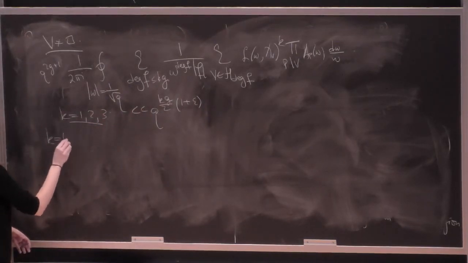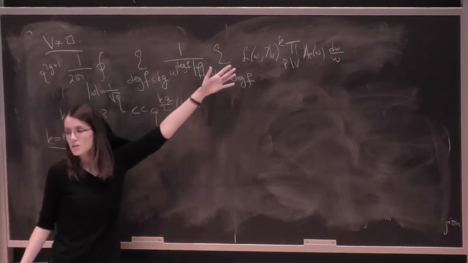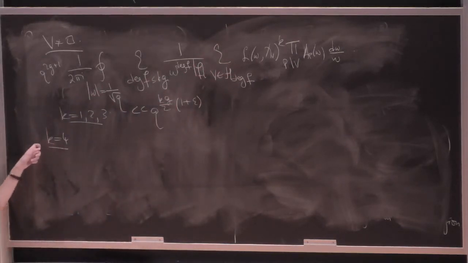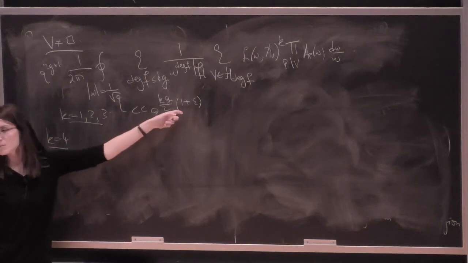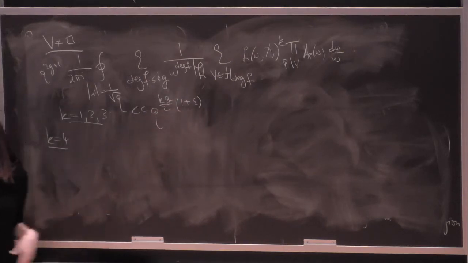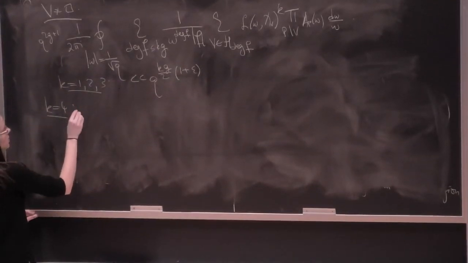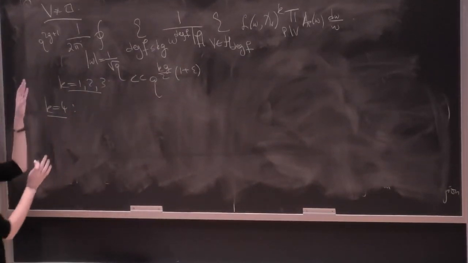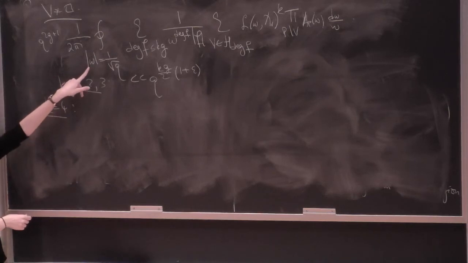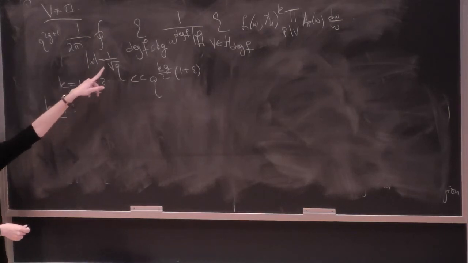Now if I try to do the same thing, so either use Lindelof or use upper bounds for moments for the fourth moment, then of course I get something which is as big as the main term. So we need to do something more here. And one of the key things to notice is that over here I'm integrating around a circle of radius 1 over square root of q.